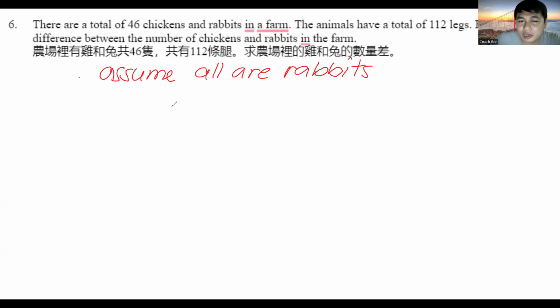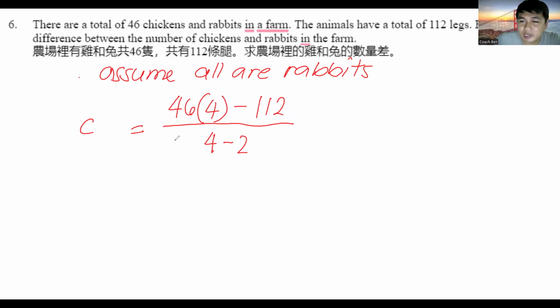So when we assume all are rabbits, that's 46 times 4 minus the original number of legs, divided by the difference in legs. This gives us the number of chickens. Because 46 times 4 minus 112 are the extra legs. By dividing it by the difference of their legs, we get the amount of chickens.